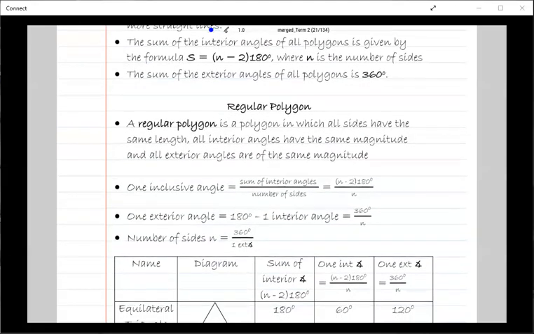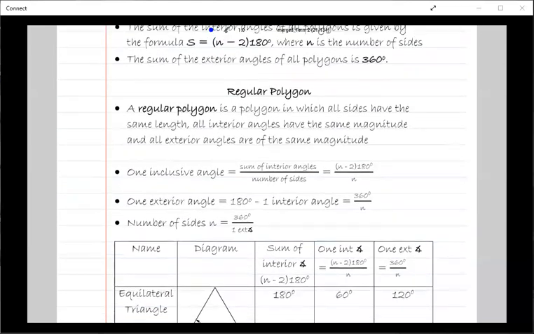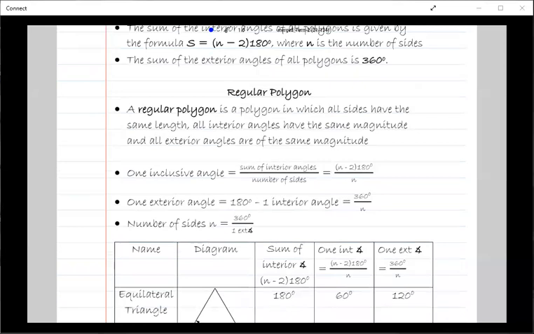Ladies and gentlemen, the sum of the exterior angles of all polygons is 360 degrees. So the sum of the exterior angles of a triangle is 360 degrees. The sum of the exterior angles of a quadrilateral is 360 degrees. The sum of the exterior angles of a pentagon is 360 degrees.